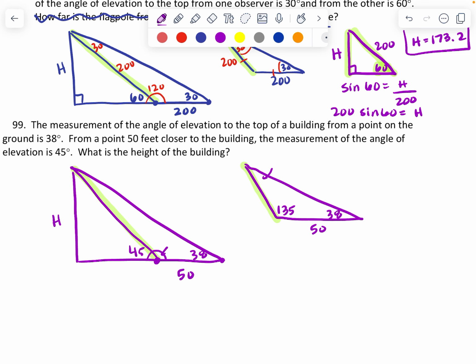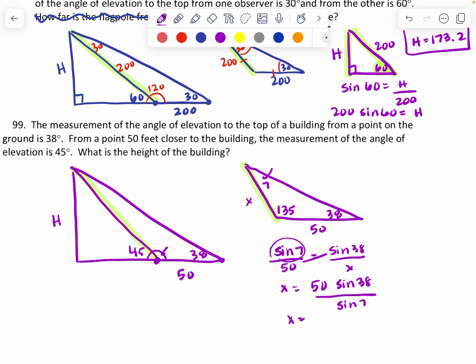So 180 minus 135 minus 38, that's going to be a really small angle. It's 7, so cute. Okay, so let's use the law of sines. So I have the sine of 7 over 50 equals the sine of 38 over x. I'm going to call this little guy x. If I cross multiply, it's going to be 50 sine 38 divided by the sine of 7.